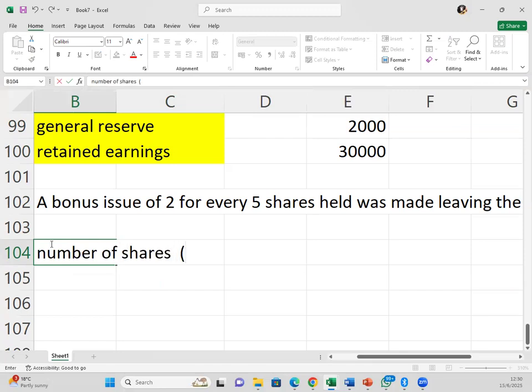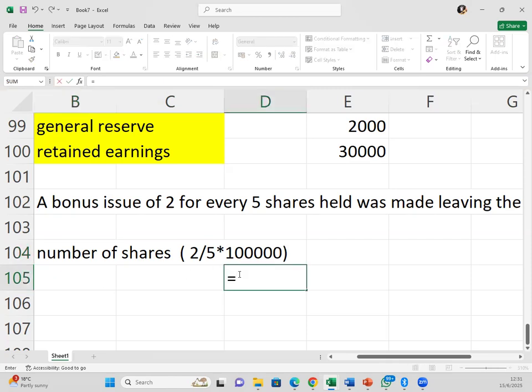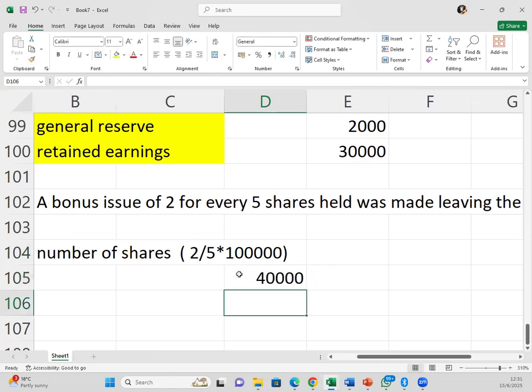The number of shares we issued as bonus issue is 2 over 5 of the shares that are there, 2 over 5 of 100,000, which gives us 40,000.